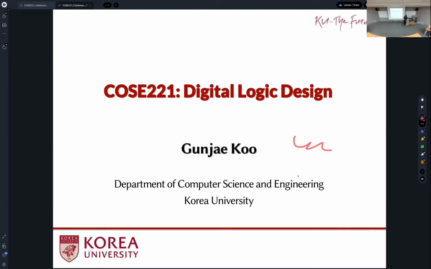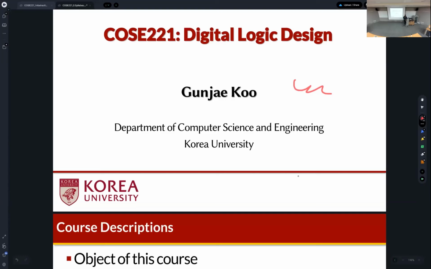Digital logic design is the fundamental course required for understanding the hardware aspect of computer systems. I think that's why you take this course.